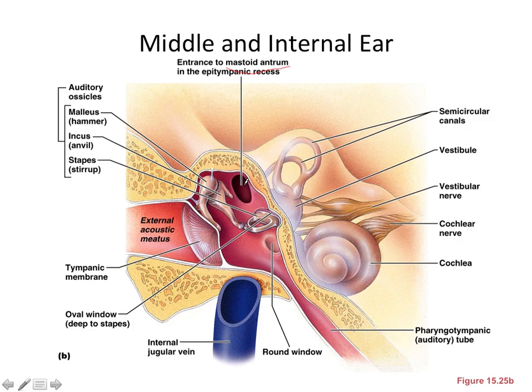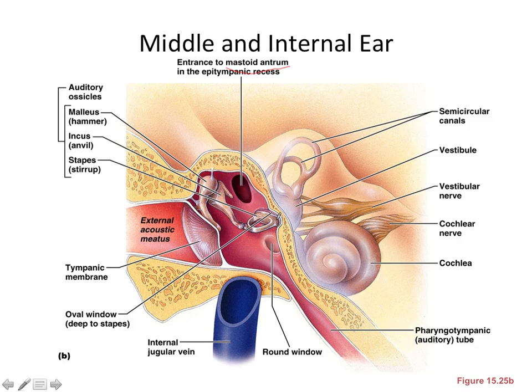For example, if the air in the middle ear becomes less, since the mastoid antrum is a cavity with some air in it, this air can flow out to the middle ear to compensate for the decreasing air pressure.